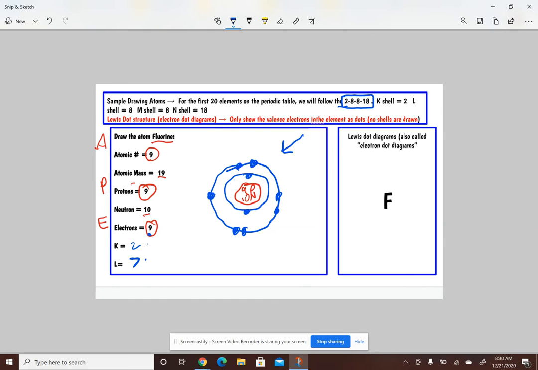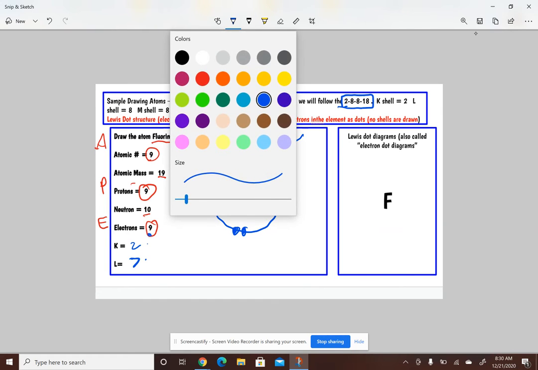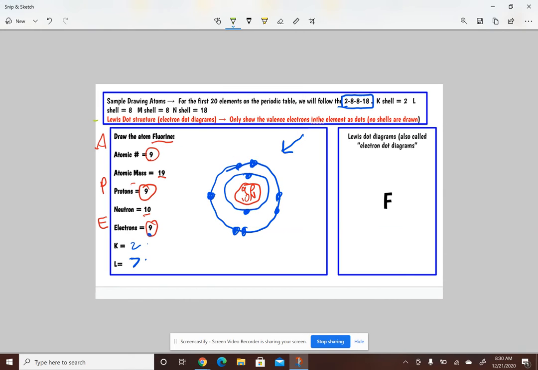Today, we're going to talk about something a little bit different, which is called our Lewis dot structures. Lewis dot structures, or electron dot diagrams, are a simplified version of drawing the atom because we are only going to show the valence electrons. Now, remember, the word valence electrons means the outer shell electrons, not all of the electrons, just the valence shell electrons.